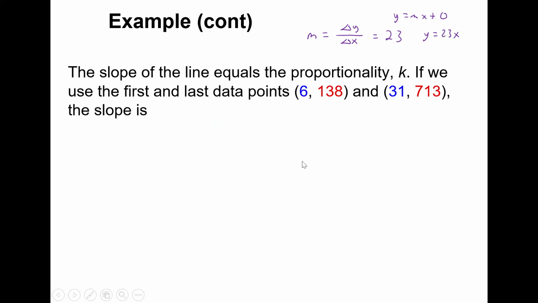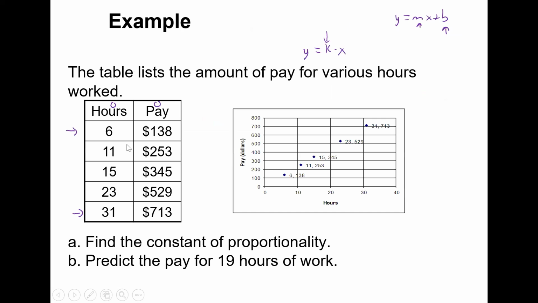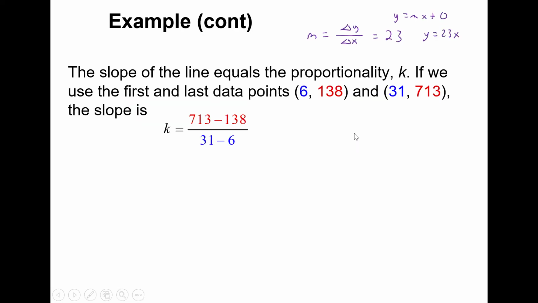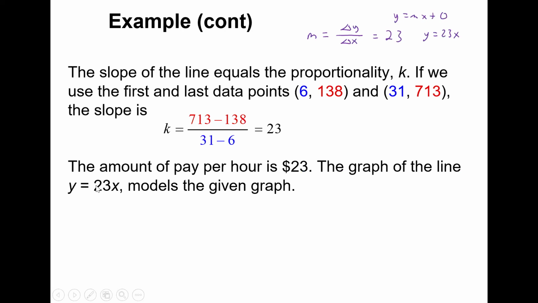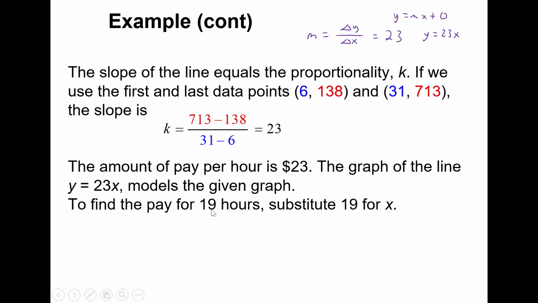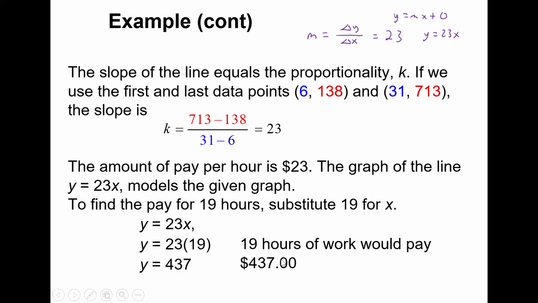So when we look at our table, for every hour we go up, we get an increase of $23. And so to find the pay for 19 hours, we're just going to take 19 times 23 to get our y, and that gives us $437 if we work 19 hours.